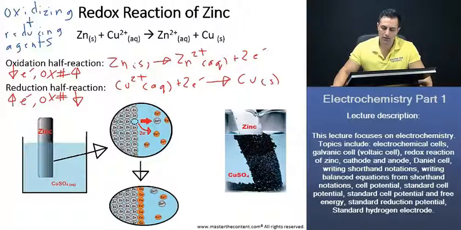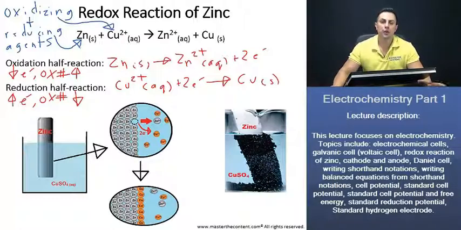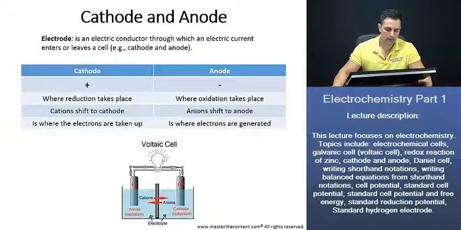Thus, we can say that our copper ion is the oxidizing agent. Similarly, the zinc, because it is losing the electrons and thus reducing our copper ion, is our reducing agent. So just be comfortable with those terms. Should you need a review, just follow up on one of the preceding lectures. Okay, great. Now we're ready to proceed to our next slide.